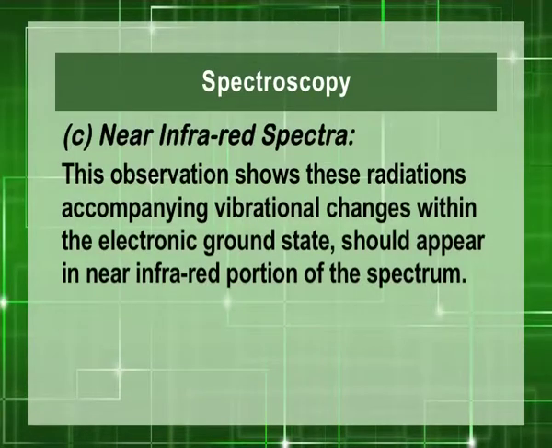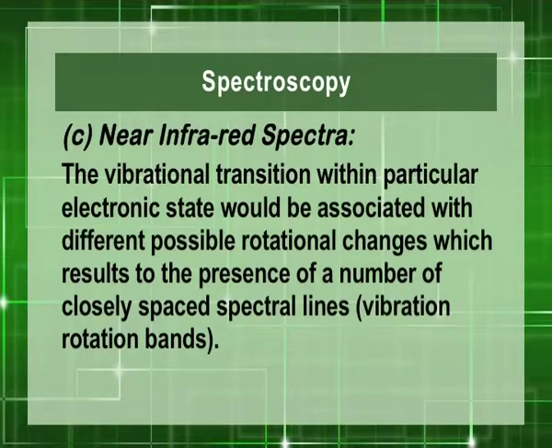This observation shows that these radiations accompanying vibrational changes within the electronic ground state should appear in the near infrared portion of the spectrum. The vibrational transition within a particular electronic state would be associated with different possible rotational changes, which results in the presence of a number of closely spaced spectral lines.